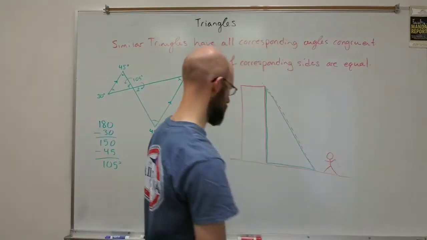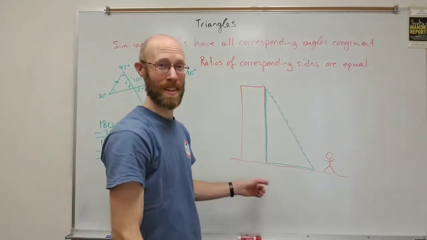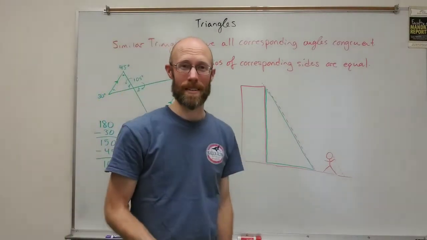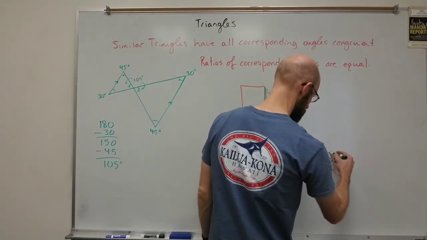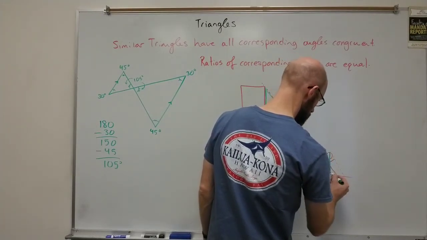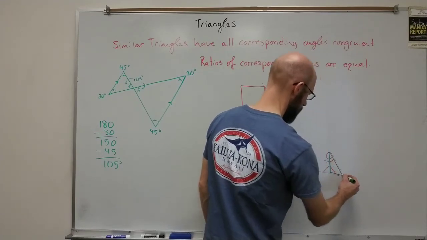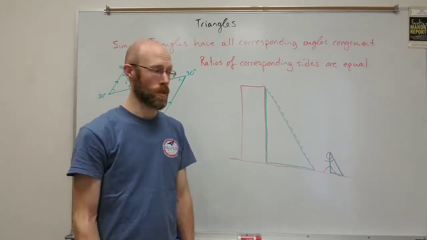Oh my goodness, from here it looks pretty parallel to the ground, to the floor. That's not very good at all. Anyway, it doesn't have to be a right angle, actually. And then I can form a right triangle here, or any triangle, doesn't matter. Again, it doesn't have to be a right triangle, they just have to be similar to each other.